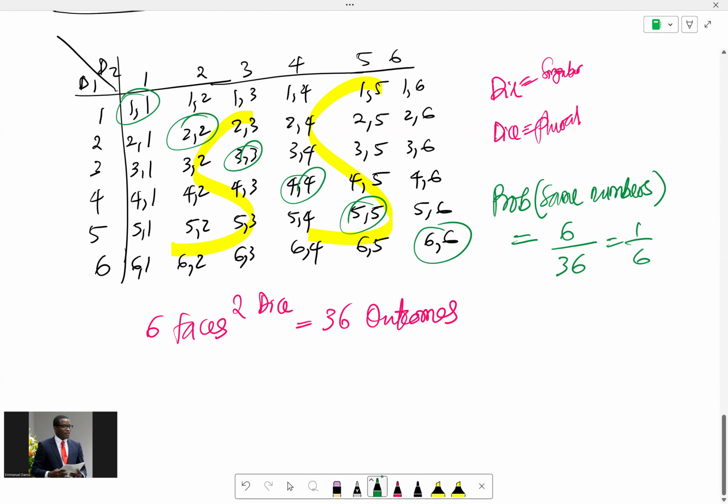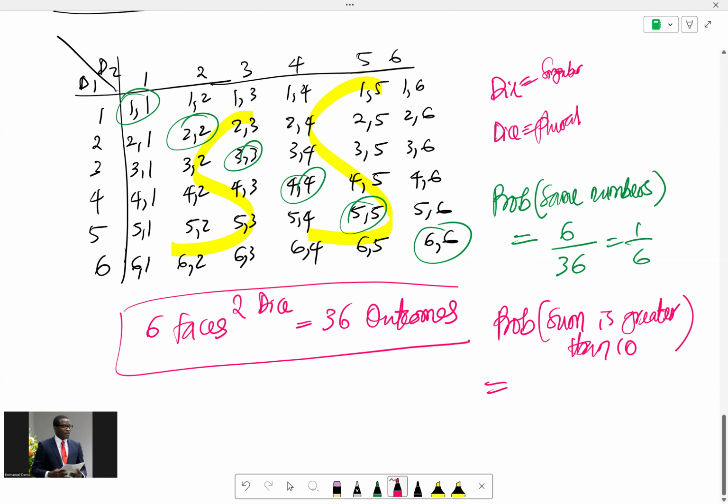Now, what is the probability that the sum is greater than 10? That is, when you add the numbers on the faces of the dice, the sum is greater than 10.